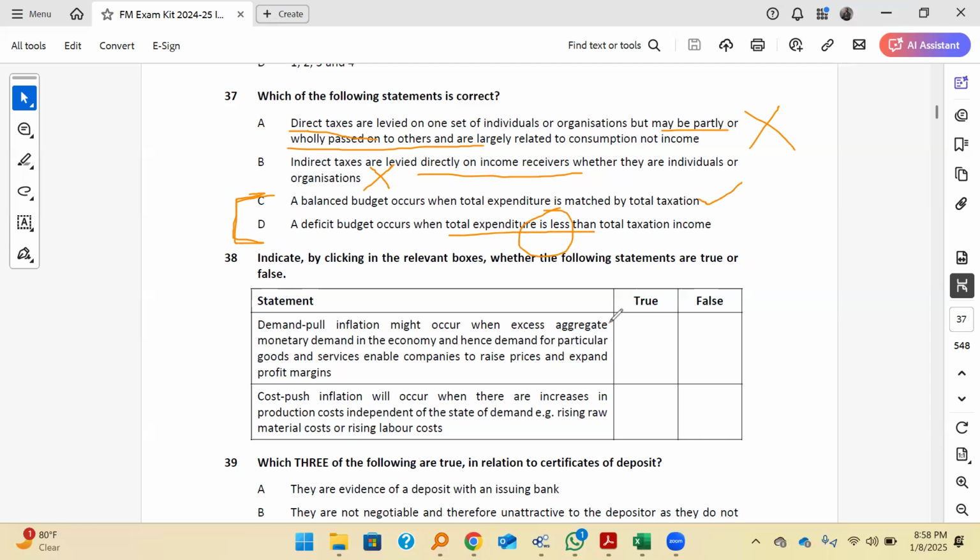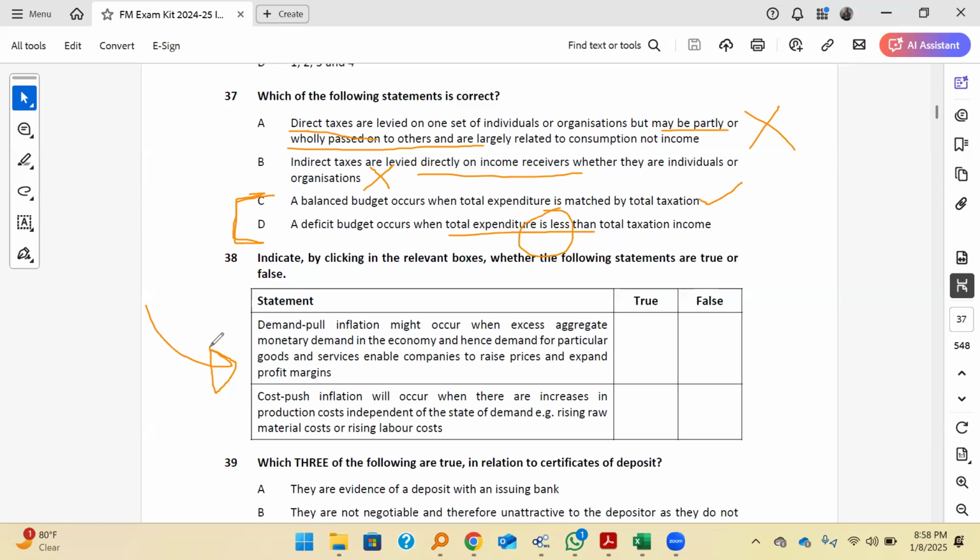And I think we shall stop at question 38, which says indicate by clicking whether the statements are true or false. And basically, it is bringing back the two aspects we saw of the inflation. So let us see. Demand pull inflation.